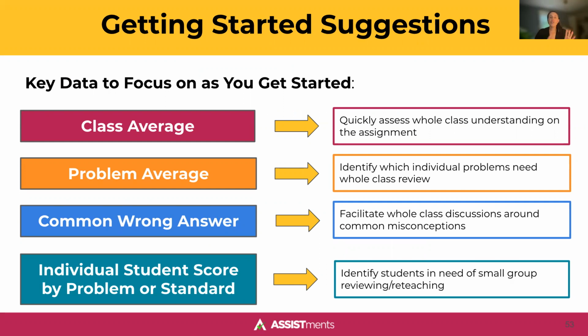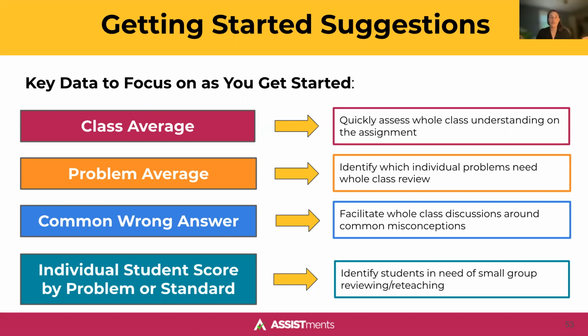The class average will tell the teacher, at a glance, which problems, will be able to quickly assess whole class understanding on the assignment. The problem average will identify which individual problems need whole class review. This is so key. It's going to tell the teacher which problems are in need of review, so they don't need to ask students, raise your hand if you didn't understand question 1 or question 2.